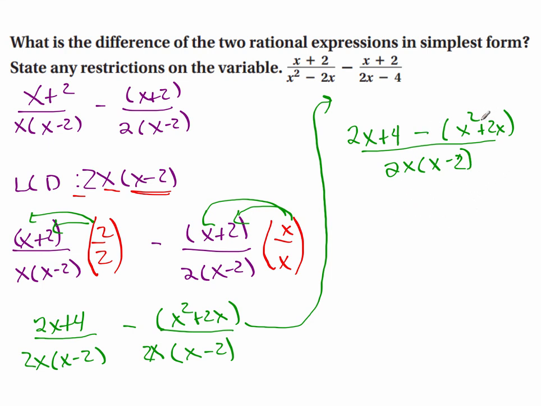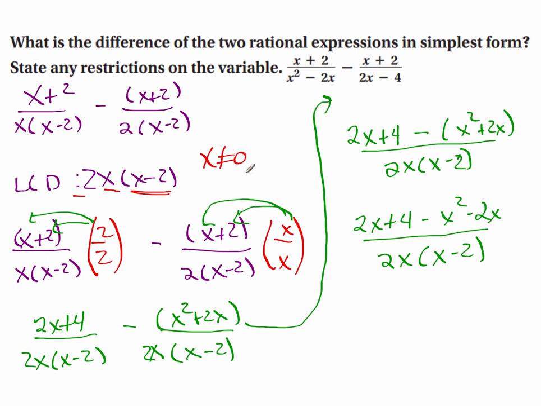So distributing this negative sign, I'm going to get 2x plus 4 minus x squared minus 2x divided by 2x times x minus 2. Oh my goodness. Well, the first thing I need to do right now is list my restrictions. Since my least common denominator is x times x minus 2, I know x cannot equal 0 or 2.